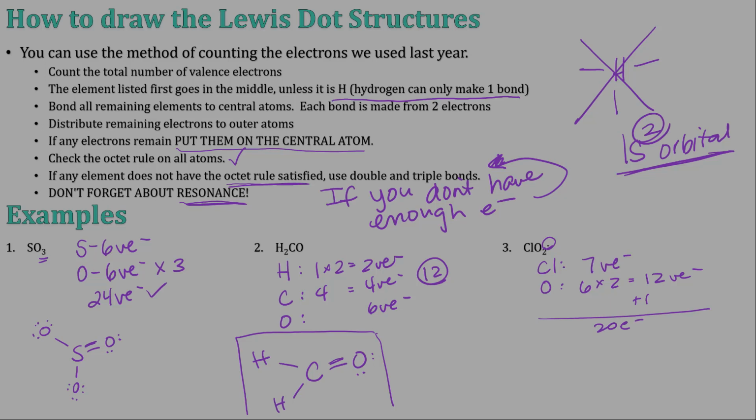We're going to put chlorine in the middle, oxygen on the outside. So right now that's 16 electrons. Now I have 20, so I'm going to put 2 more here and 2 more there, and put brackets around it to show the charge. So everybody's octet here is complete, and this would be a good structure if we're just following the octet rule.